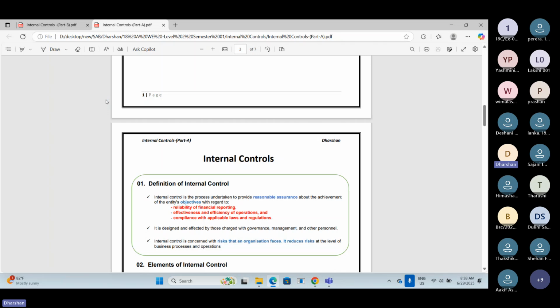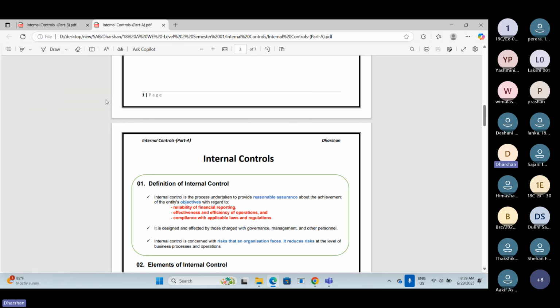What objectives are going to be achieved by an organization by implementing internal controls? Those objectives we already discussed: enhance reliability of financial reporting, enhance effectiveness and efficiency of business operation, and third, ensure compliance with applicable laws and regulations for the organization. These are the main objectives of internal controls.